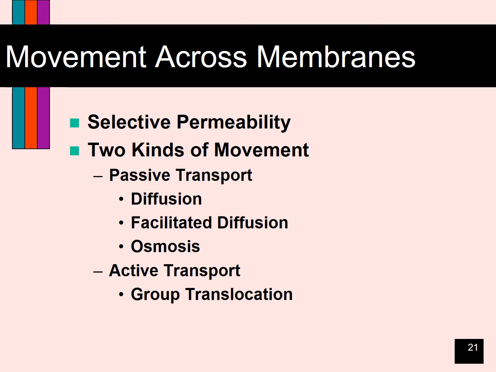That water has a partial positive charge on its hydrogen atoms and a partial negative charge on its oxygen atom. Okay, and so that polarity actually prevents it from going through the hydrophobic core of the membrane.